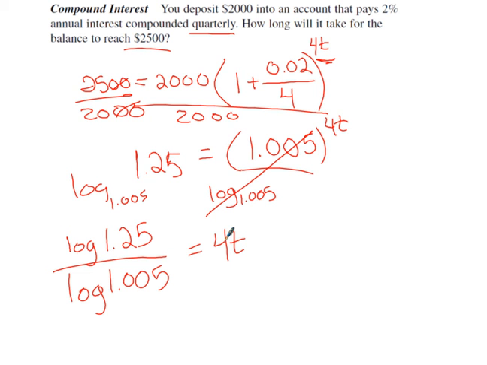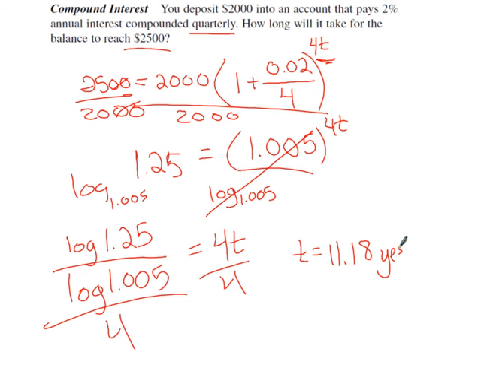Okay, that gives me 44.7. I'm going to divide both sides by 4, and that's going to give me t is equal to 11.18, or 11.2 years. So it's going to take them a little over 11 years to get that 2,000 to go up to 2,500.